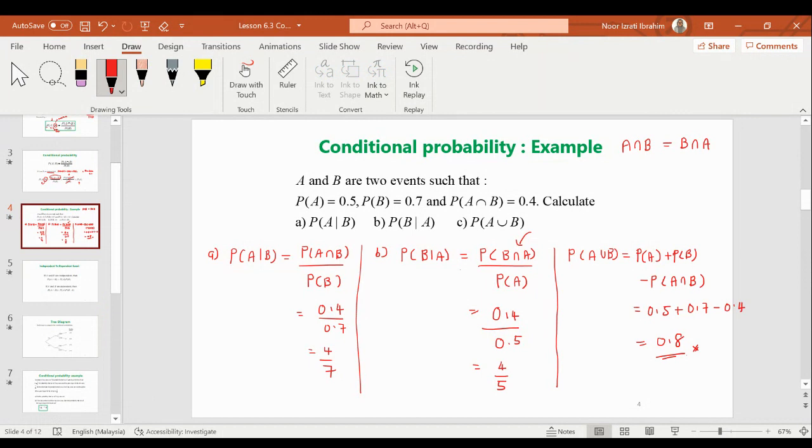And that is how we use the formula of conditional probability.